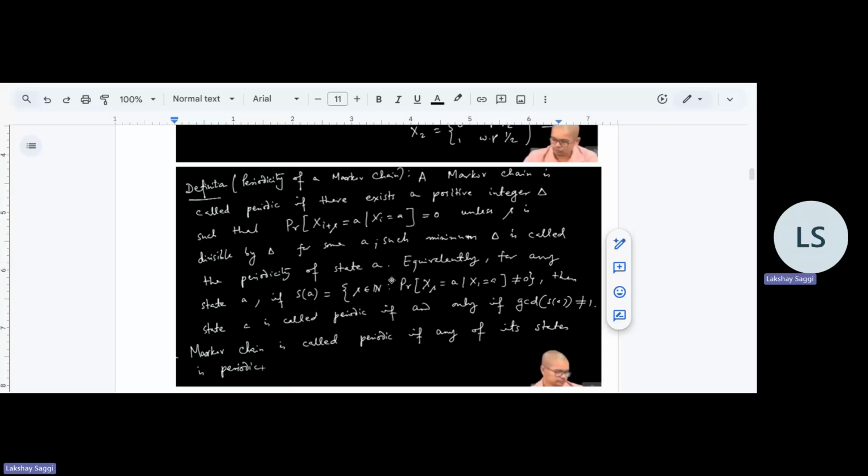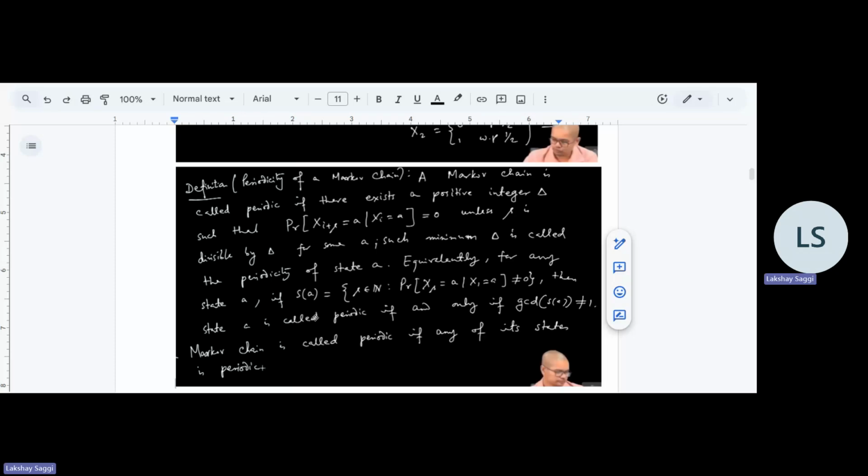So that is what is called the periodicity of the Markov chain. If you think of this probability distribution as a function, then this function takes non-zero values only at multiples of delta. That is what is called periodicity of a state.